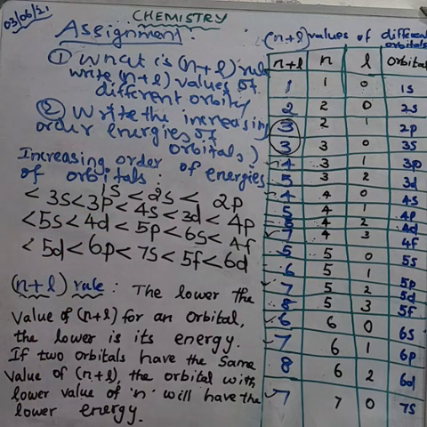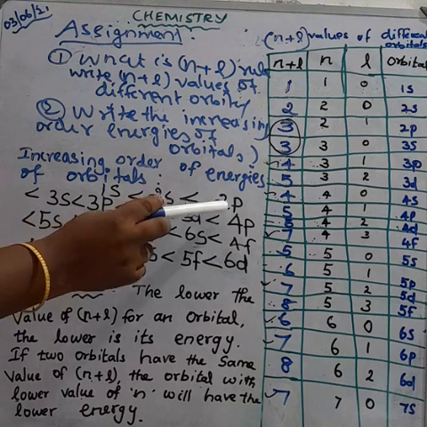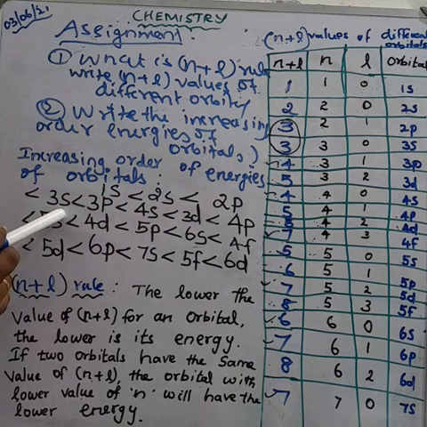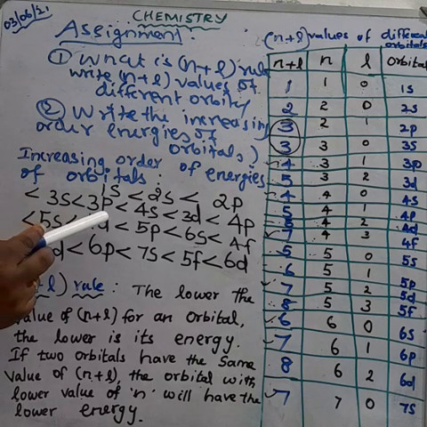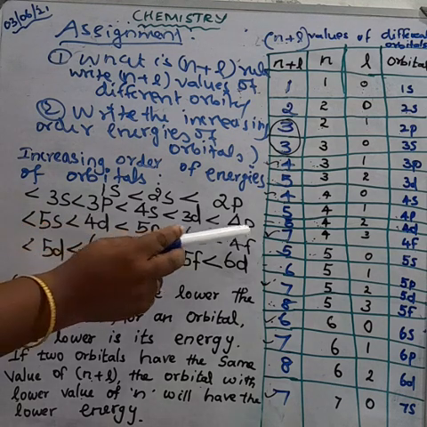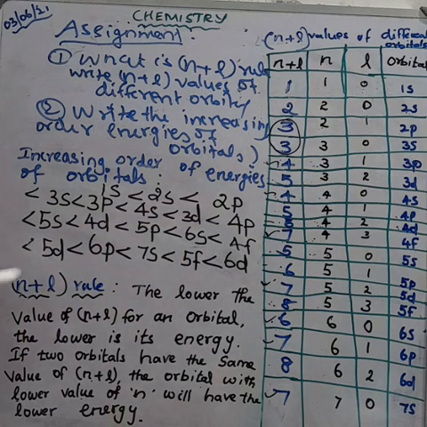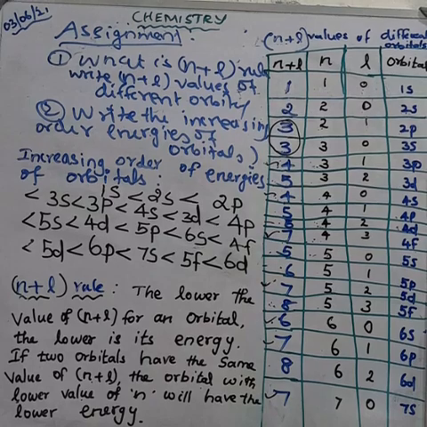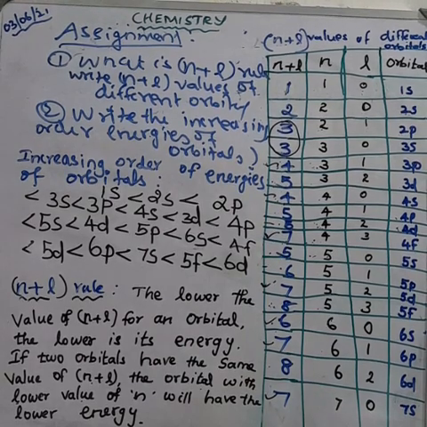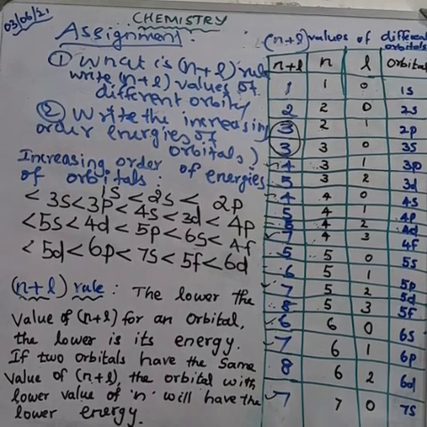And this is the increasing order of energies of orbitals: 1s < 2s < 2p < 3s < 3p < 4s < 3d. Write clearly, study clearly. You should understand this concept very clearly. Thank you all of you.